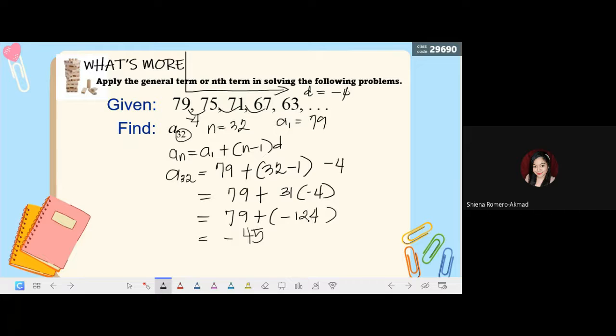Tama. So that's negative 45. So our A sub 32, ang pang 32nd term, ay negative 45.